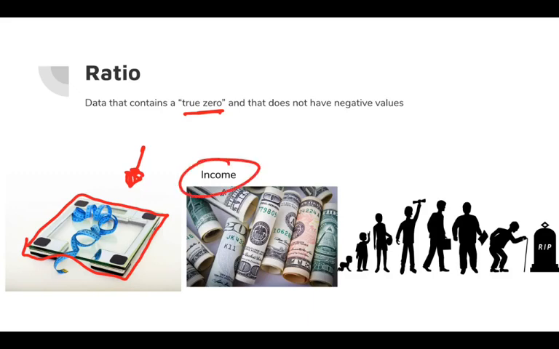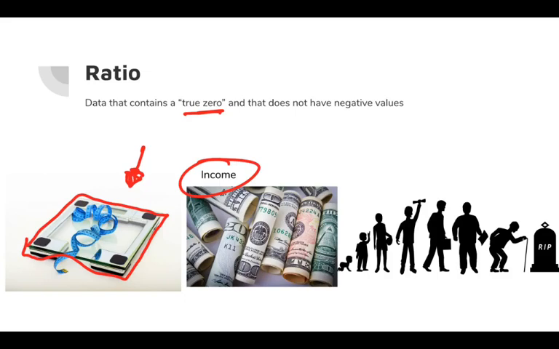Another thing we can look at is income. Income is a ratio scale. It has a true zero. You can get paid $0. That's a really sad income to have, but that could be your income. And it actually means that it doesn't exist: 0 means that there is nothing of it. It also doesn't make sense to have a negative income.